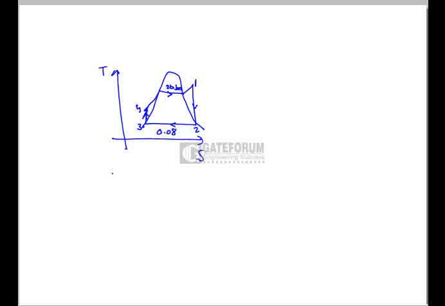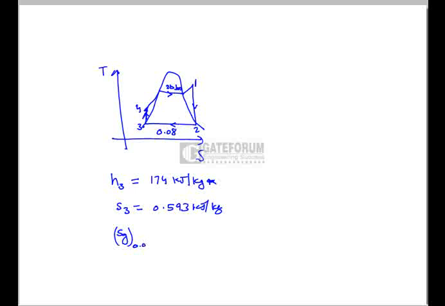Here at 0.08 bar, H3 or saturated enthalpy at 0.08 bar is equal to 174 kilojoule per kg, and S3, that is entropy of saturated water line at 0.08 bar, is equal to 0.593 kilojoule per kg Kelvin.